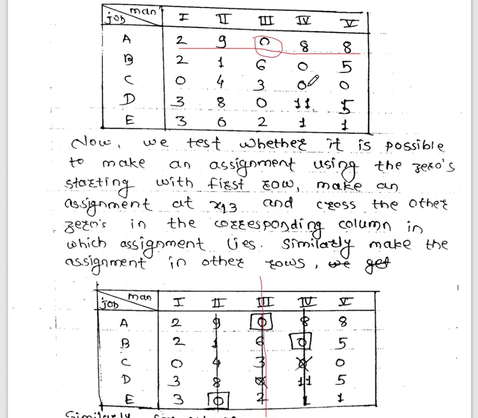In the second row there is a 0, so therefore we can make a box and cross the column. Then in the third row there are two 0s, so therefore we cannot make the 0 assignment, so we can skip the third row. Then in the fourth row there is only one 0, so therefore we can make the 0 assignment here. Okay, so where is the fourth row?